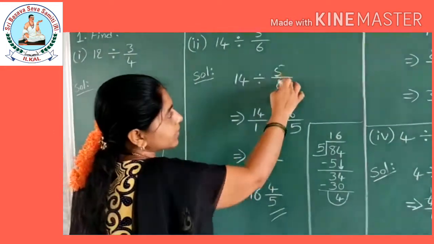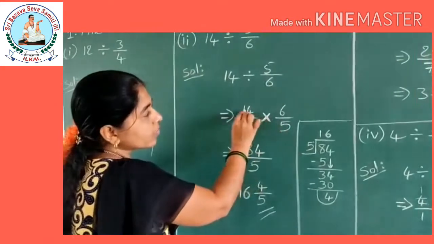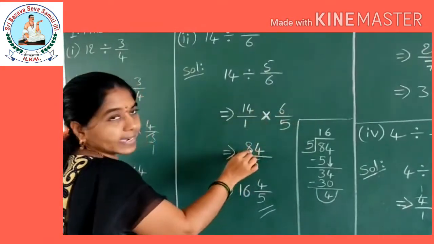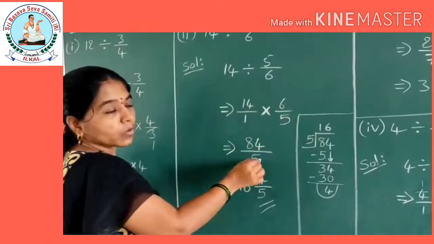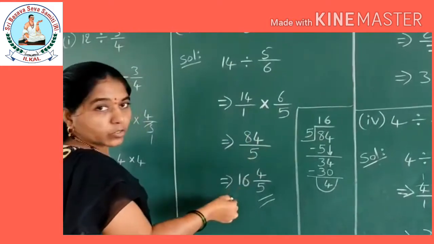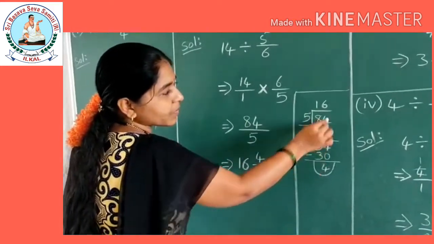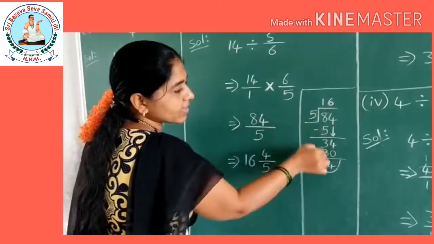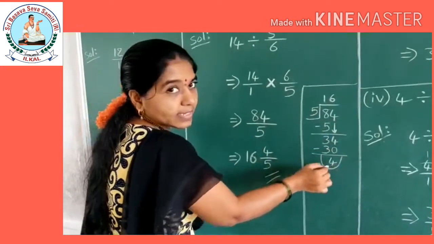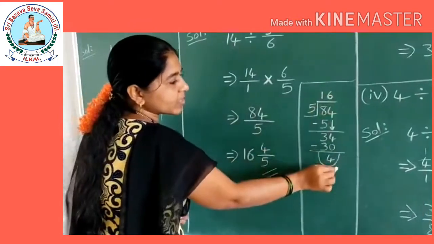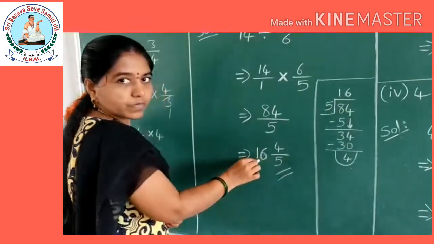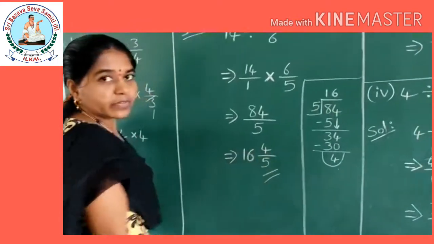Then 5 by 6 reciprocal is 6 by 5. 14 into 6 is 84. 1 fives are 5. Now convert this improper fraction to a mixed fraction. 5 ones are 5, 8 minus 5 is 3. Next number is 4, 5 sixes are 30, 34 minus 30 is equal to 4. Then 16 integer 4 divided by 5.